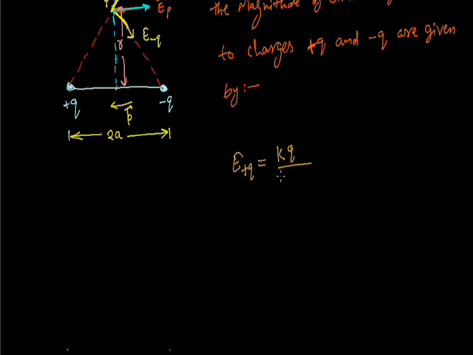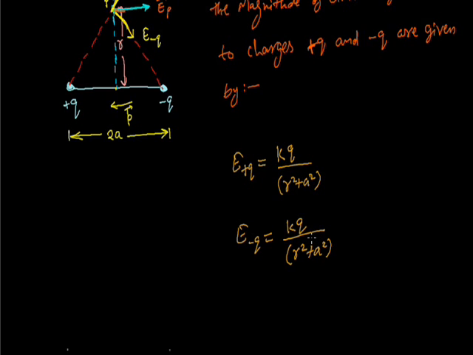The distance squared is r square plus a square. E minus q will be given as kq upon r square plus a square. This is just the magnitude.